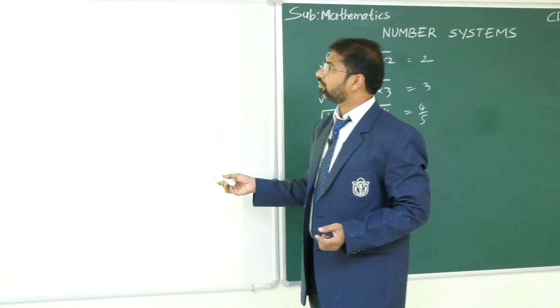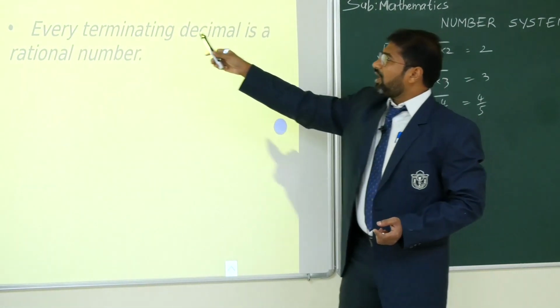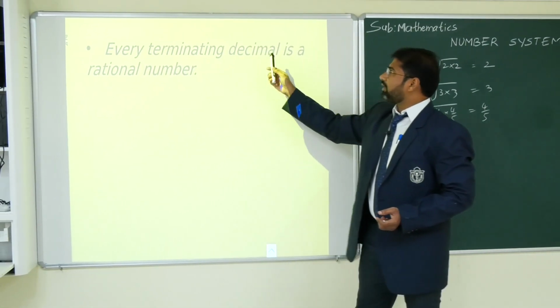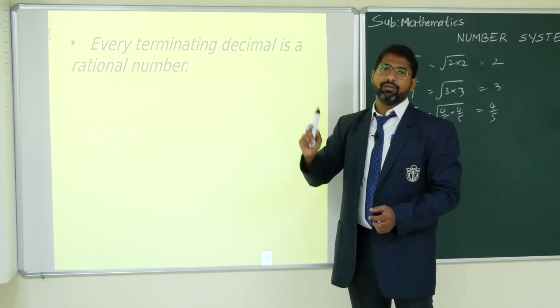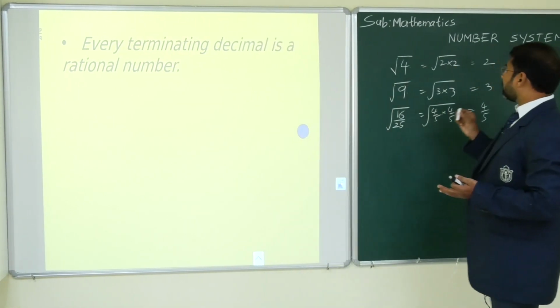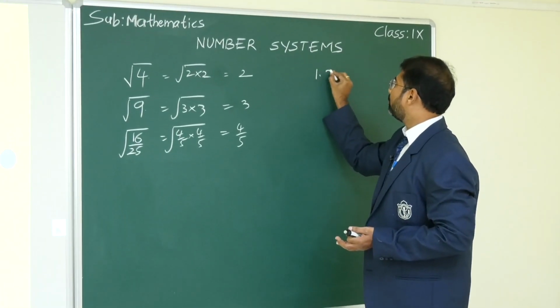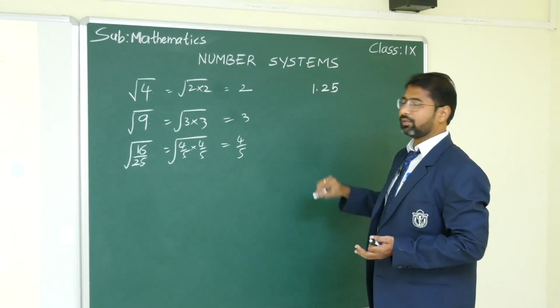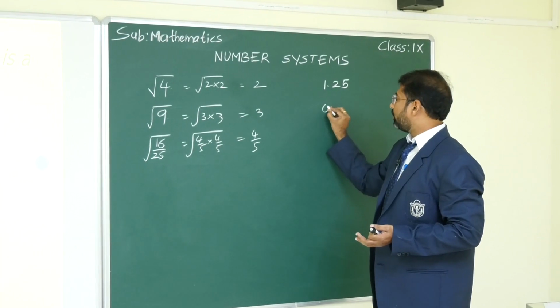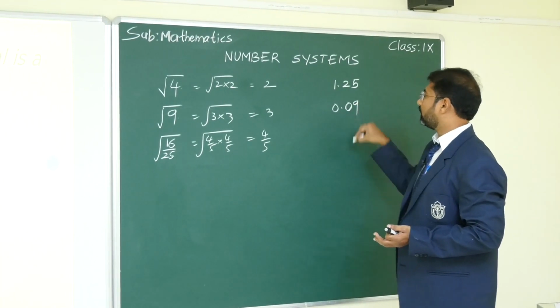Next, every terminating decimal is a rational number. I can give some examples of terminating decimals such as 1.25. Let us take one more example, 0.095.